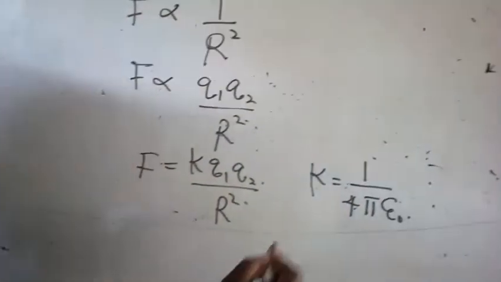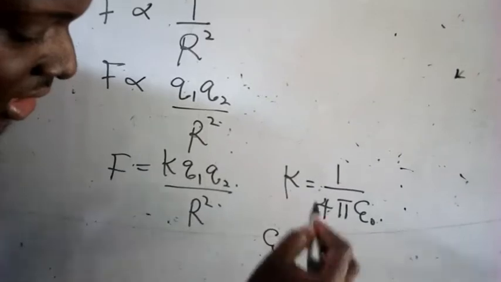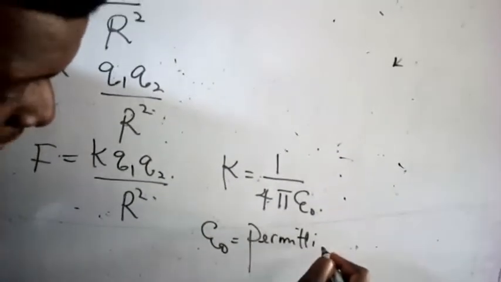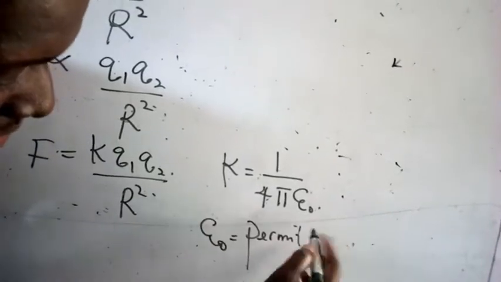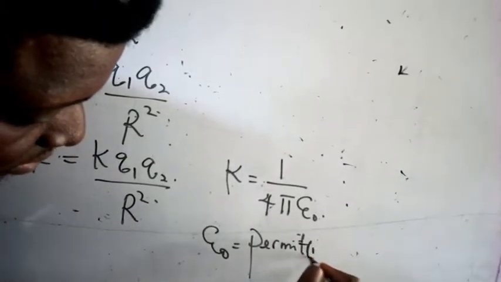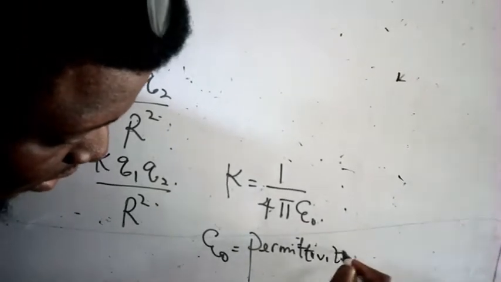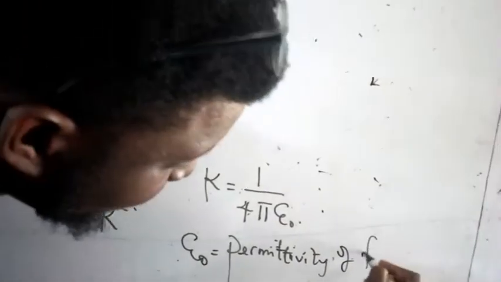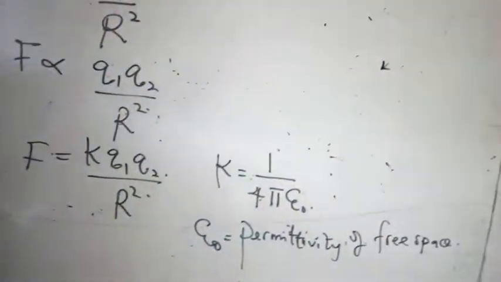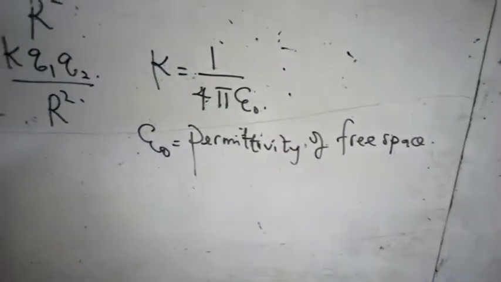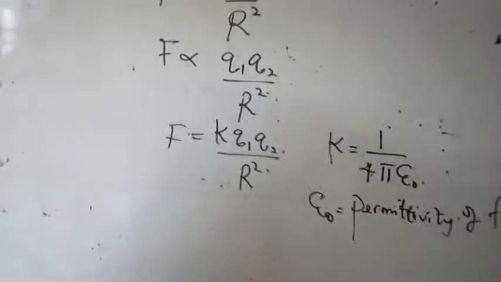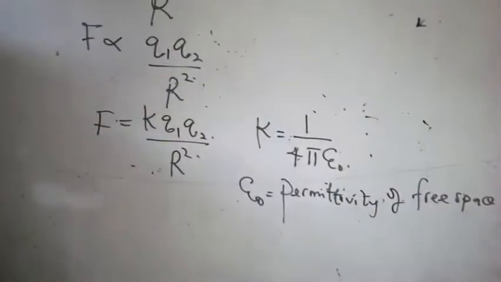And this epsilon naught is called the permittivity of free space. I'm going to explain that.